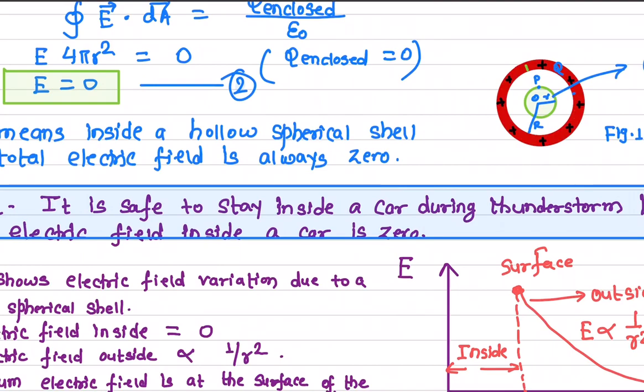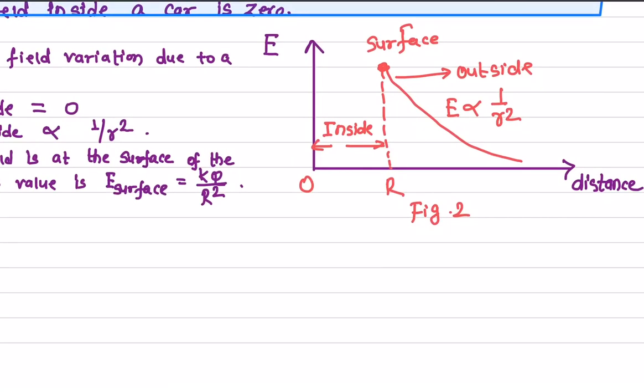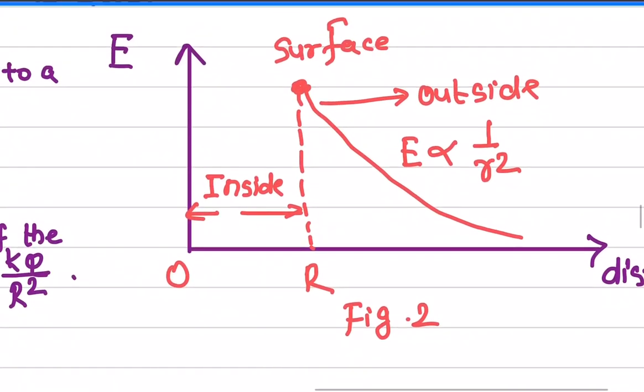When you see lightning, you stay inside the car because a car is assumed to be a hollow box, so there is no electric field inside, and you won't feel any electric shock. This is the reason: the electric field inside any hollow sphere or hollow thing is always equal to 0.